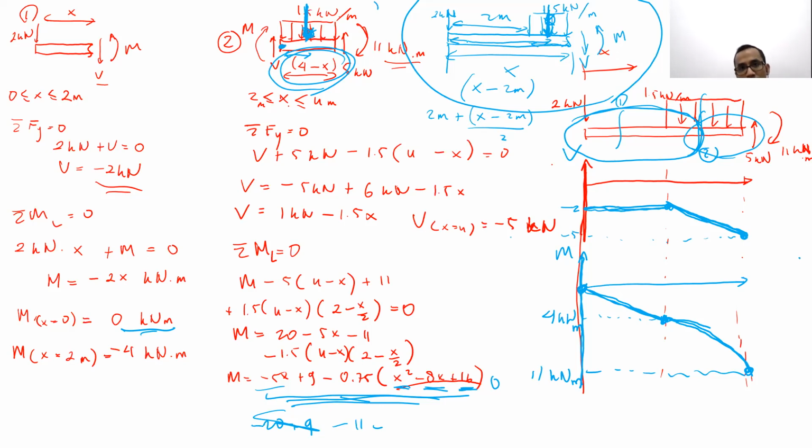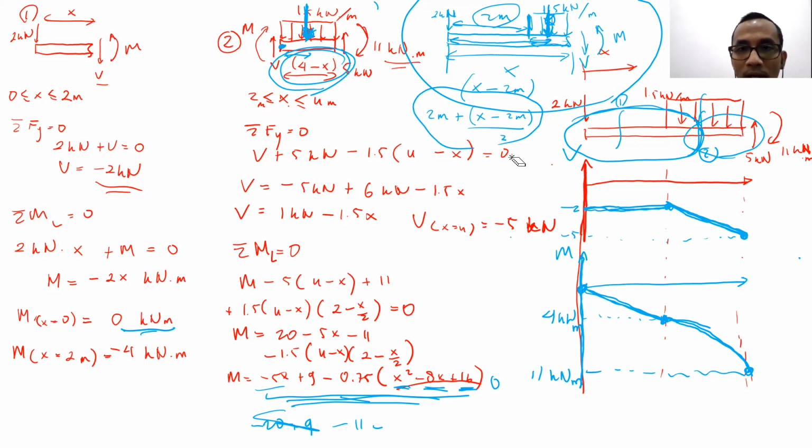Okay, Rizky? That's the length until it reaches the centroid from the left edge. Okay. Yes. Do you get it, right? Yes, I get it. Yeah, because from the left edge to the start of the distributed load is 2 meters, and then half of the length of the distributed load, it plus half of the length of the distributed load, it will be the location of the centroid. Do you get it, right? Yes. Yeah, like that.